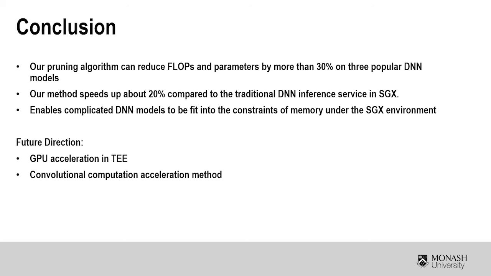Nonetheless, the traditional SGX does not support the use of GPU. There is some work that tried to use GPU in SGX, but it still has some limitations. Another direction is using a convolutional computation acceleration method on the permed model, which can save more computational resources.